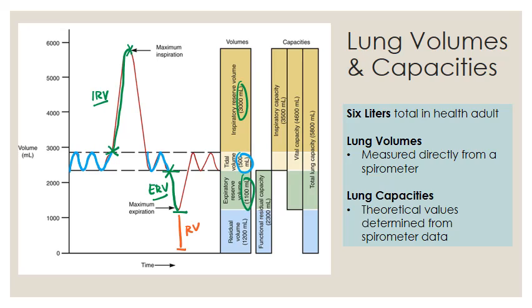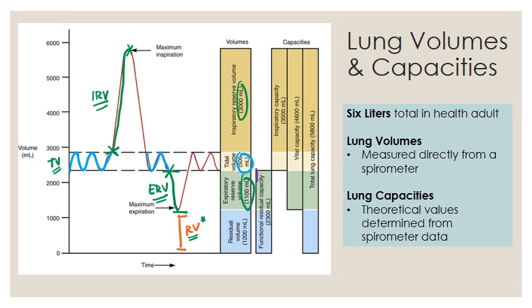So in review, we have tidal volume, we've got inspiratory reserve volume, we've got expiratory reserve volume, and we've got residual volume. Residual volume is not able to change. Not able to be exhaled. When using these 4 measurements, we're able to calculate lung capacities, which are helpful when talking about restrictive and obstructive lung diseases.